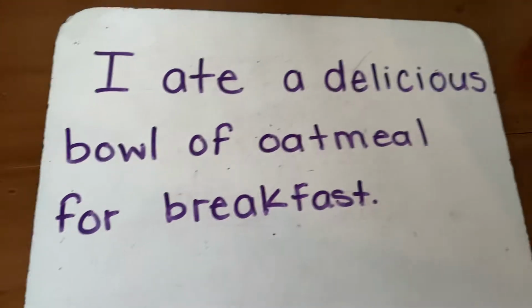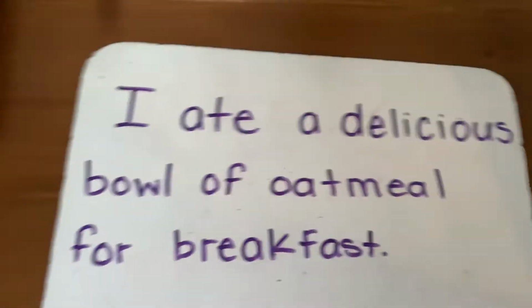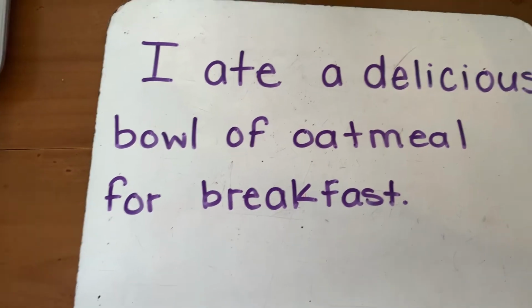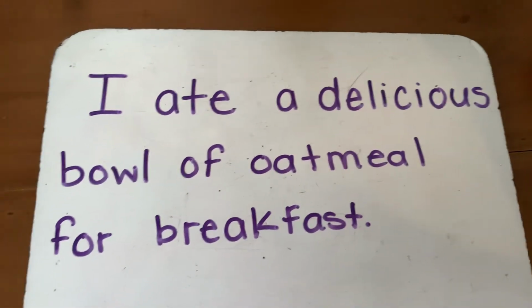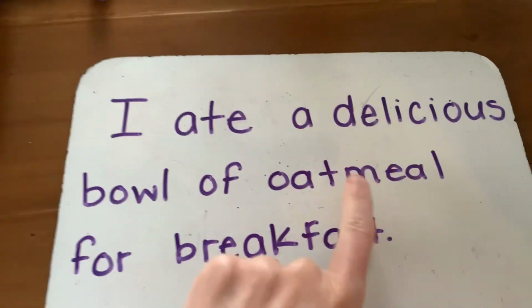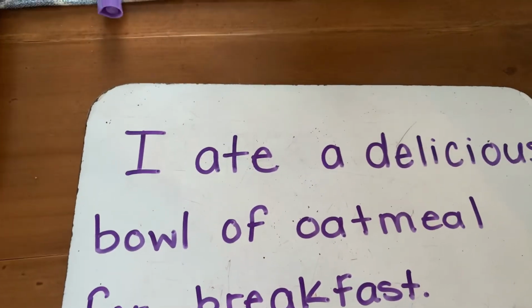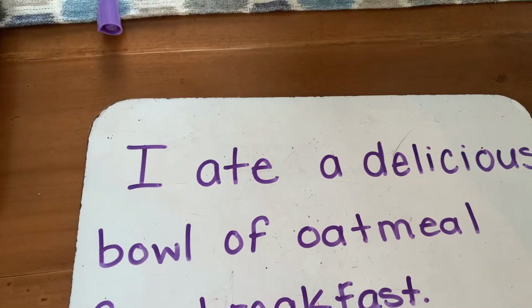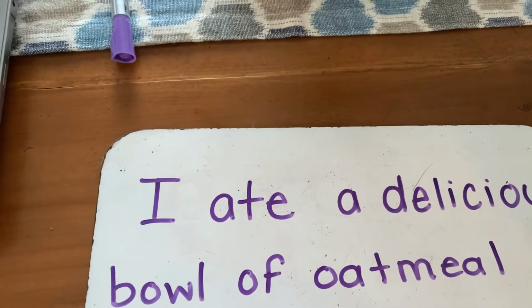Another thing that you're gonna have to do is write your own sentence. So I'm gonna just flip the camera and show you mine. You need to include a noun, verb, and adjective in your sentence. So as you can see, I have two nouns, two things, oatmeal and breakfast.